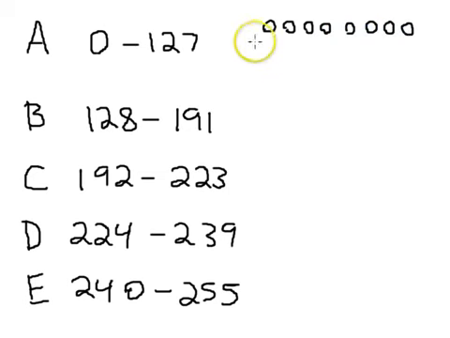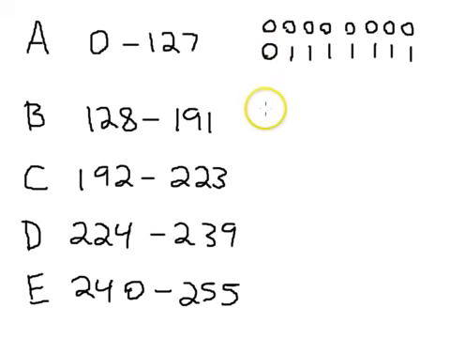Kind of a big surprise, 0 is 8 zeros. And 127 also starts with a 0, but everything after that is a 1: 1, 1, 1, 1, 1, 1, 1. So it's easy to identify Class A addresses because they all start with a 0 for the first bit of the whole 32 bits, or the first bit of the first octet, in binary.